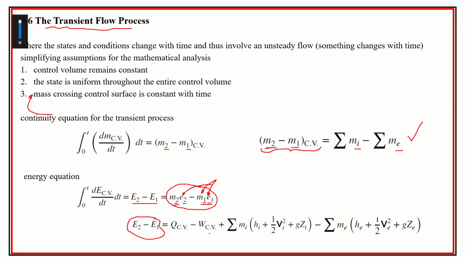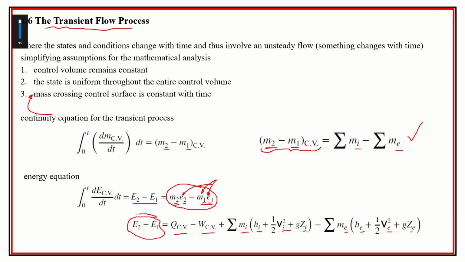And then the stuff on the right-hand side is the same things that we've been doing, right? So we have the heat change and the work change across the control volume. And then we have the mass entering, mass in, I guess is the i, with all these properties in, and then minus the mass exiting and all of the properties of that mass exiting, right?